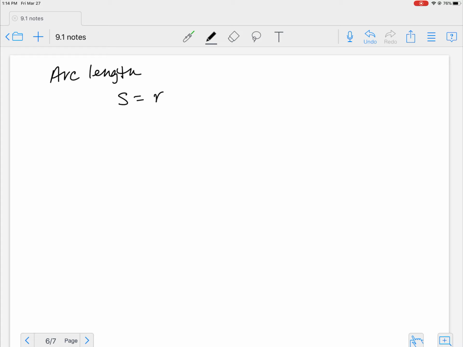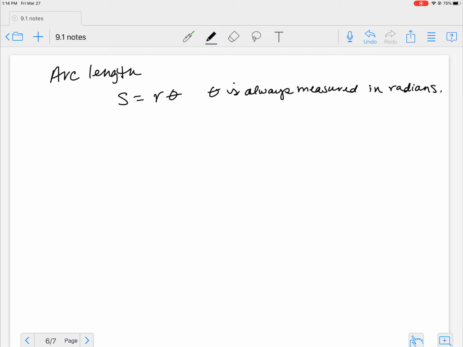Arc length is denoted by the variable s. I don't know why, I have no idea why, but it just is. So the variable s is typical in terms of arc length, and this is equal to r theta. Now the kicker whenever it comes to arc length is that theta is always measured in radians.